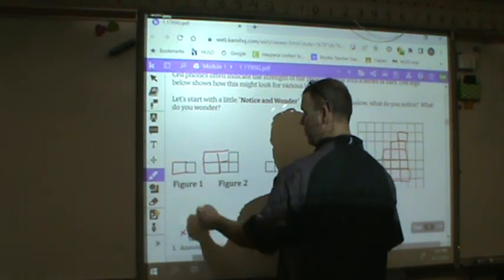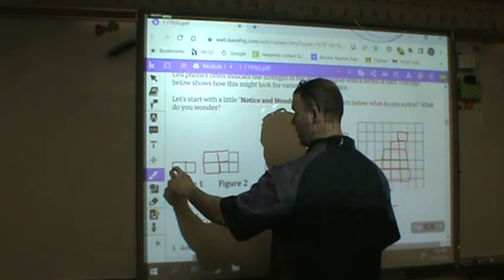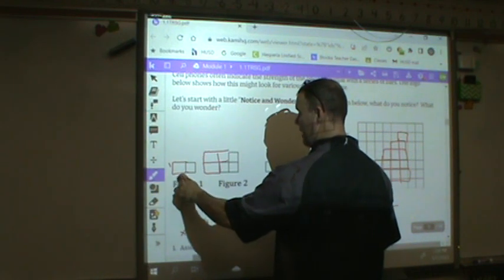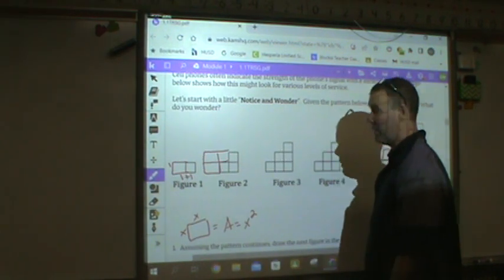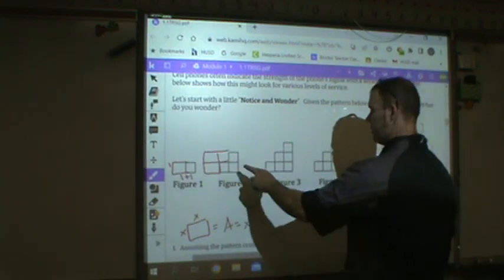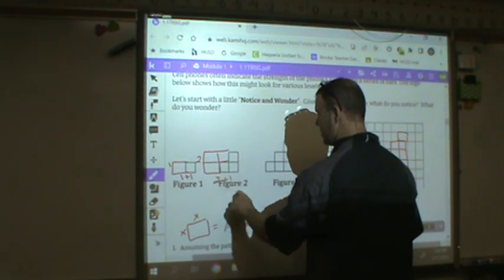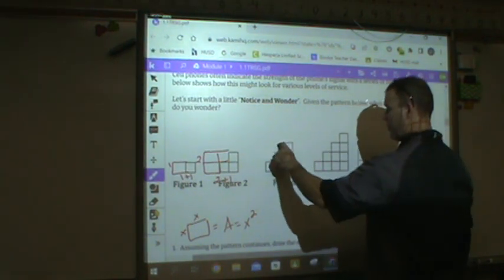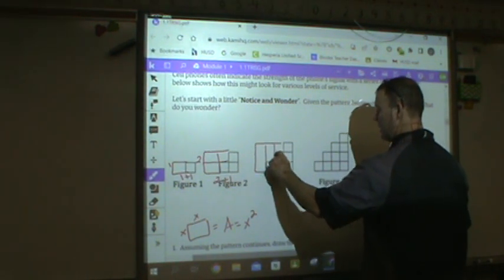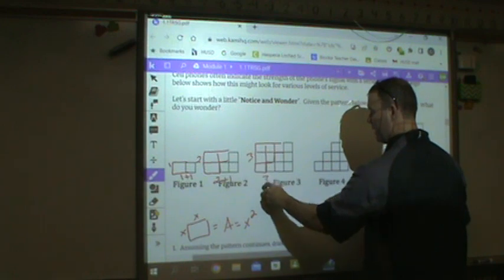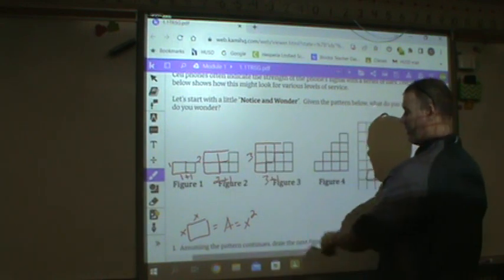Okay? First figure I created. How did the first figure change? The first figure is still 1 high, but it is 1 plus 1 wide, or 1 by 2. The second figure is 2 high, but it is 2 plus 1 wide. The third figure would be 3 high by 3 plus 1, or 3 by 4.